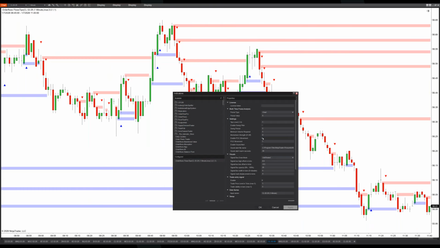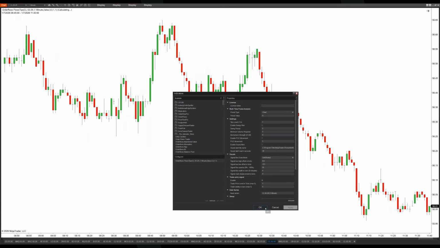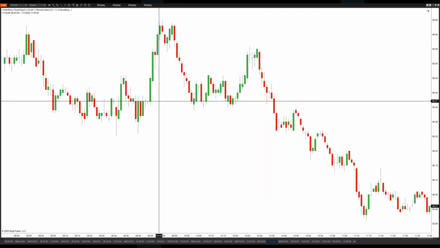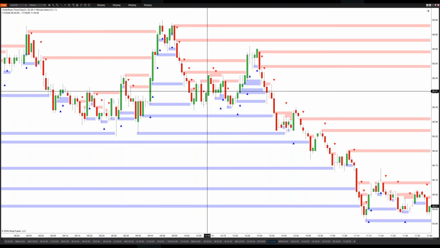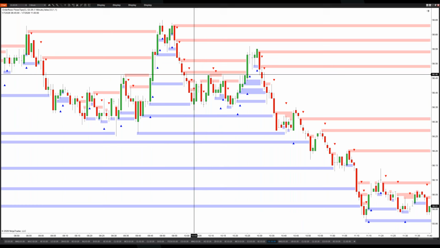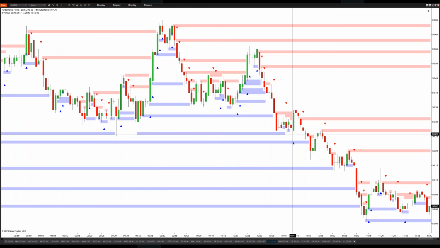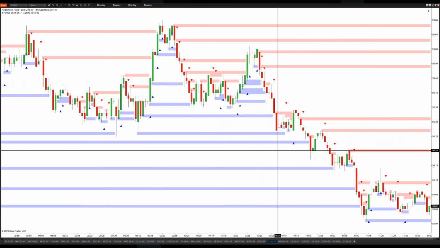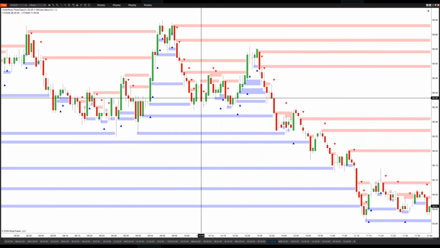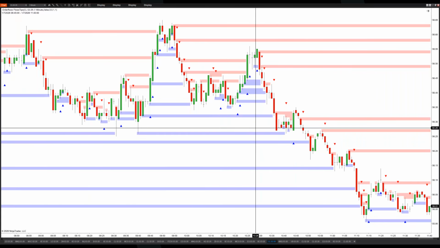If I have POC movement off, this area here, you're seeing buys and sells, you're seeing a lot of signals. You got a buy in here. I'm not interested in those. The market's going sideways, I just want to catch a trend.